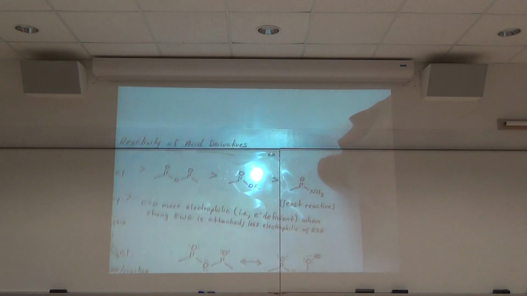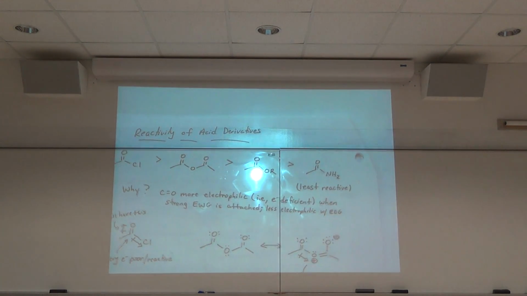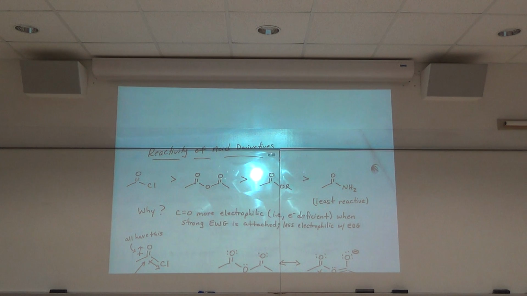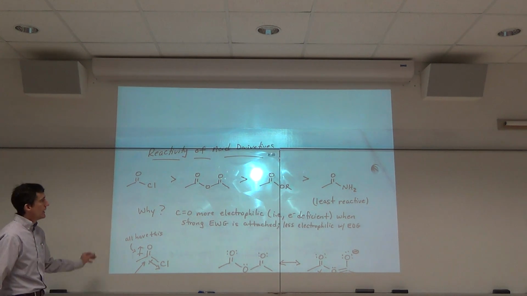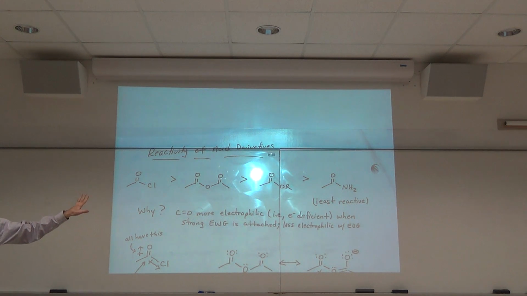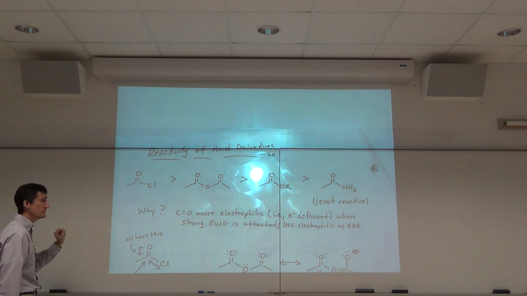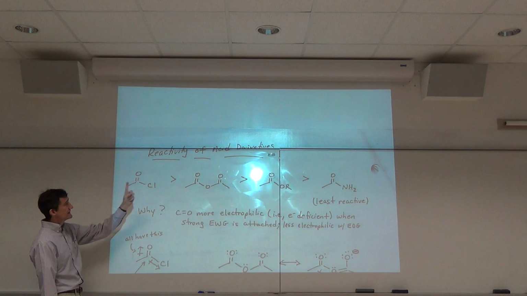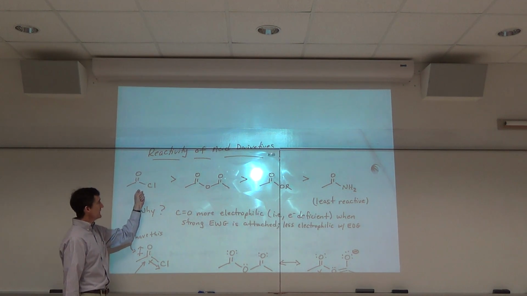I reckon I'll go ahead and do the reactivity discussion. Here are several acid derivatives. These are your carbonyl containing acid derivatives. The nitrile is not included here, because obviously a nitrile doesn't contain a carbonyl. This is the acid chloride.